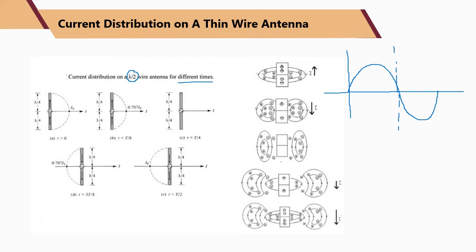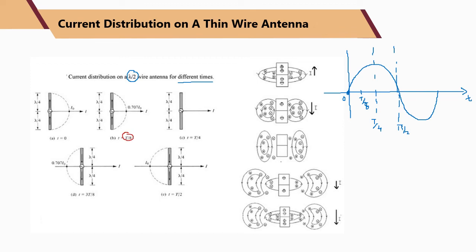For example, at t equal to 0 here, this is your t, and in the middle this is T over 4, here is T over 2, and here you have T over 8. So what happened at T over 8?